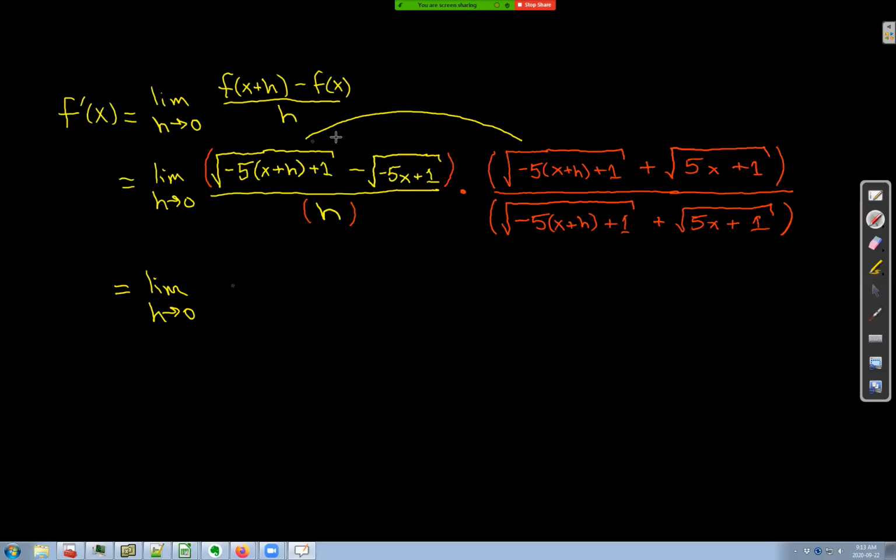The FOIL is going to work out really nicely because when I do the F in FOIL, these are the same thing. And when you multiply two identical square roots, the square roots just knock each other out. So we'll just get a negative 5x plus h plus 1, and there's no more square root because the square roots knocked each other out.